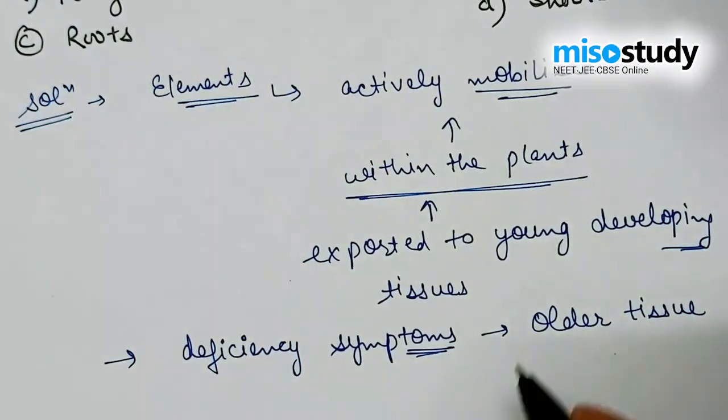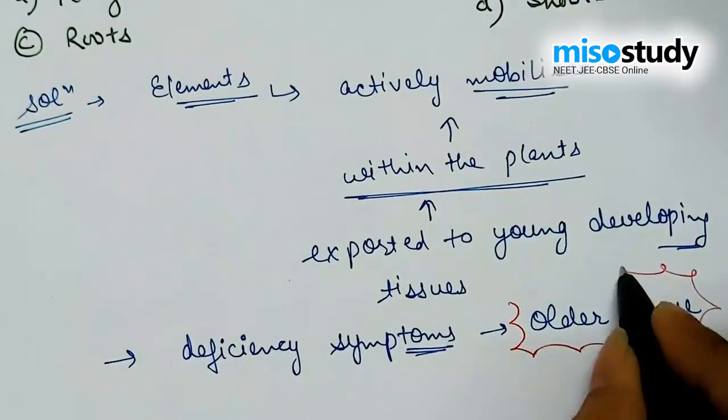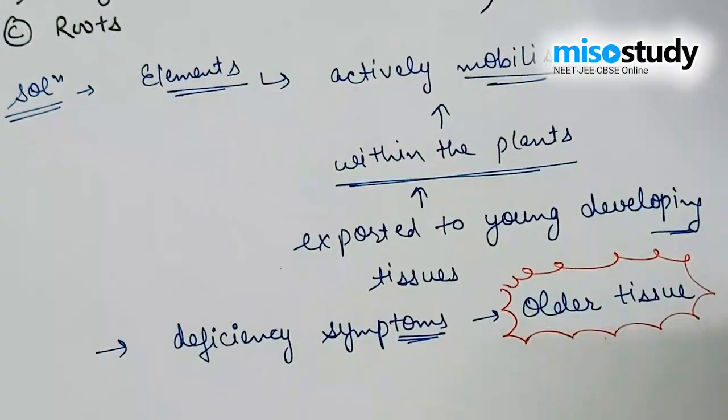First, deficiency symptoms appear in the older tissues, then in the younger tissues.